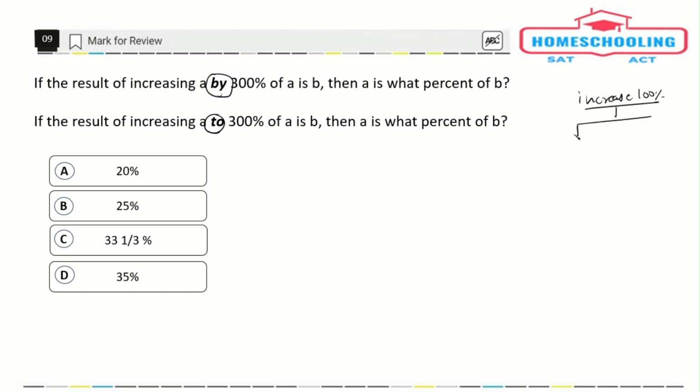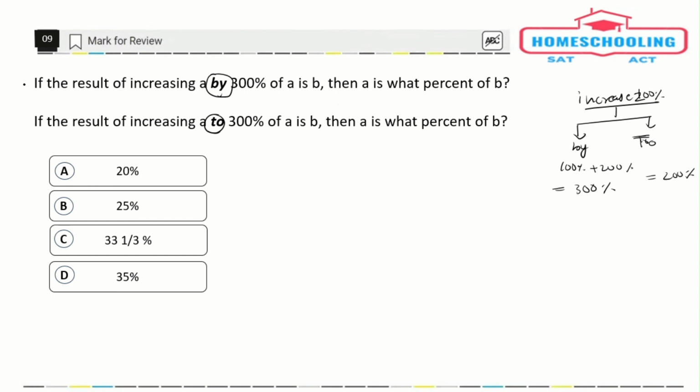If they say by 100%, let's take it as 200%. So that means by and to. If it is increased by 200%, that means 100% plus 200%, which is 300%. And if it is increased to 200%, that means it would be simply written as 200%.